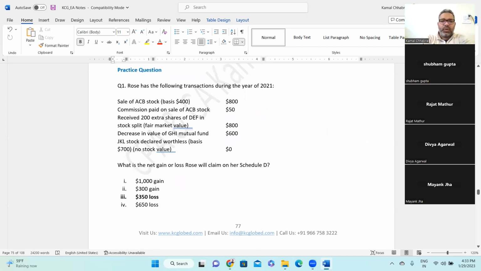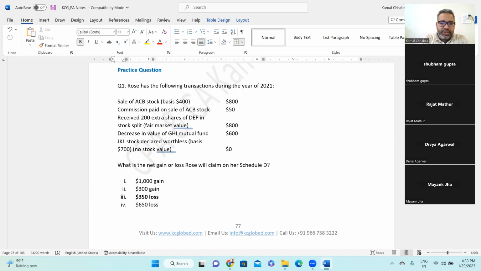Rose has the following transactions during 2021. Sale of ABC stock, basis was $400 and sold at $800. Commission paid on sale of stock $50. Received 200 extra shares of DEF in a stock split at fair market value of $800.